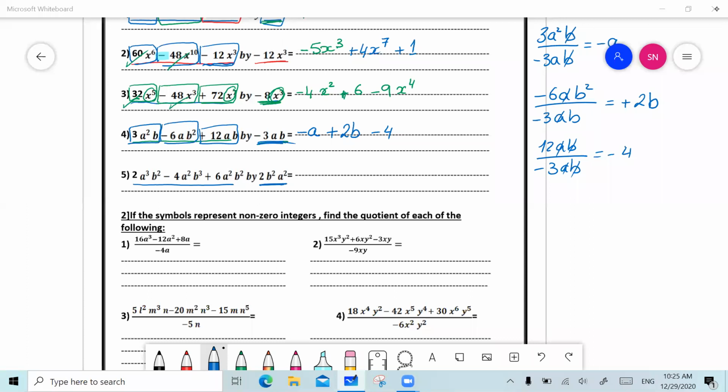Yassine, there is no y. He's telling me that I want to divide this expression by this expression. It's not a y. Did you get it, Yassine?